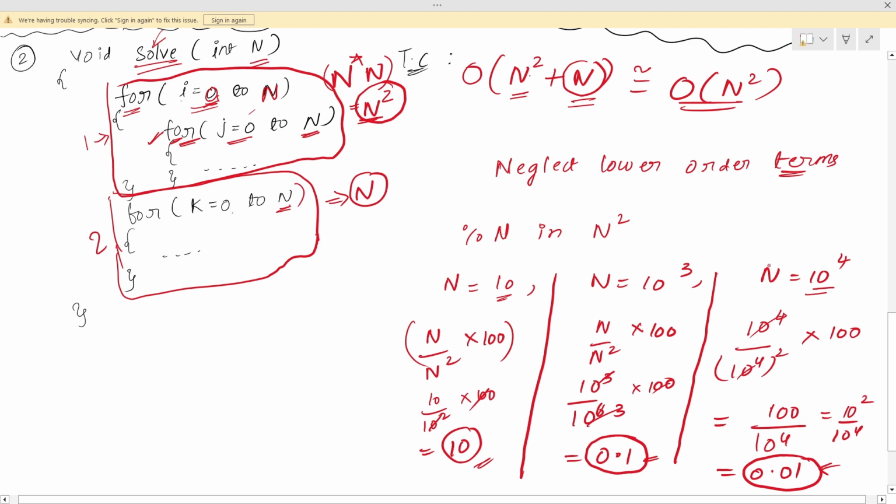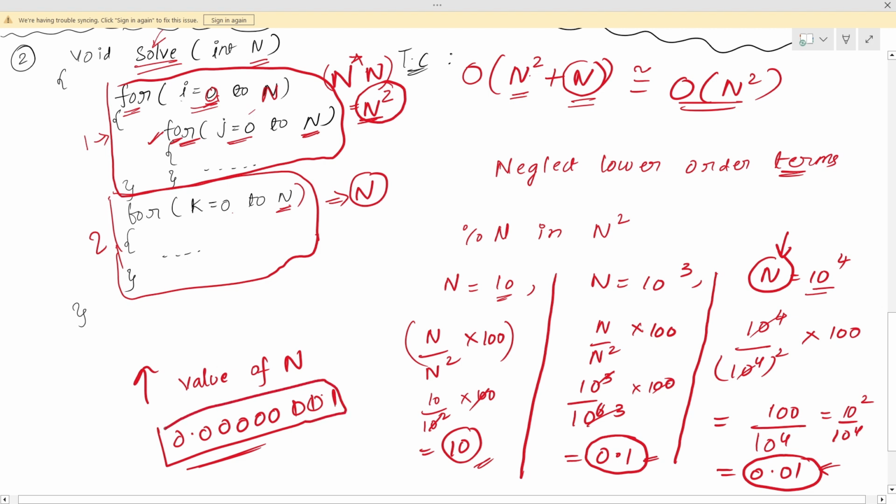You can clearly see that if I increase the value of n, it might become 0.0000 something like this. It may become even smaller, but you can clearly check that this n value is of least importance. That means we don't even need this n value.